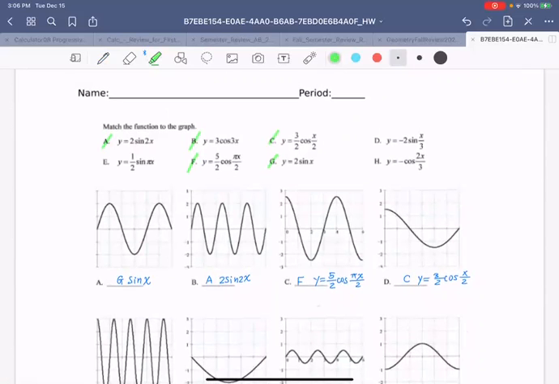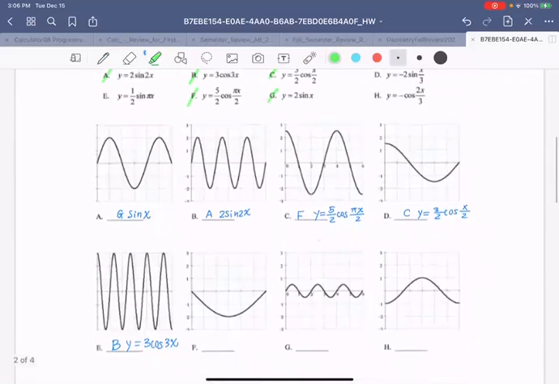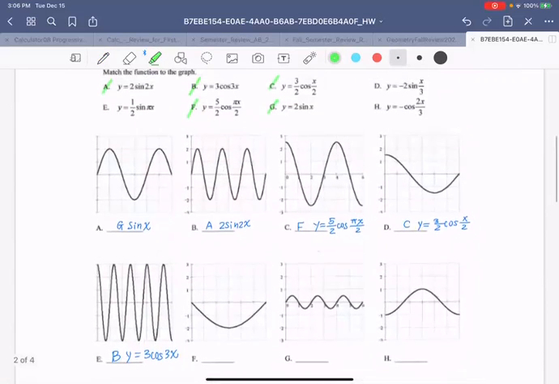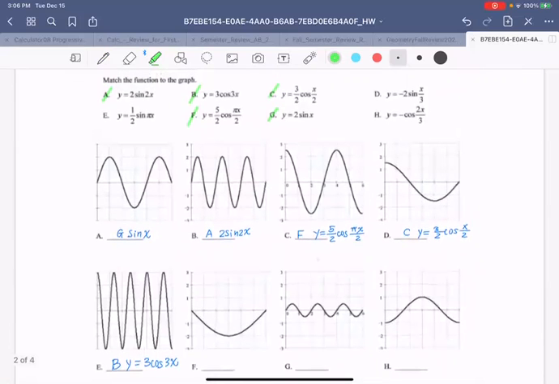Negative 2. Who is the 1/2? That guy is the 1/2, over here, right? 1/2 sine pi x, yeah. Because the period over here is 2 pi over pi, which is 2.